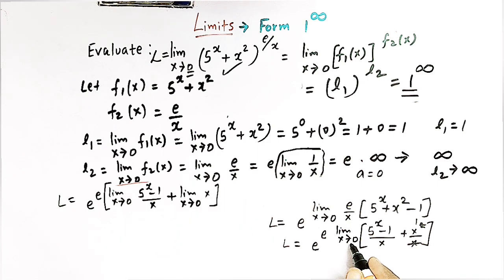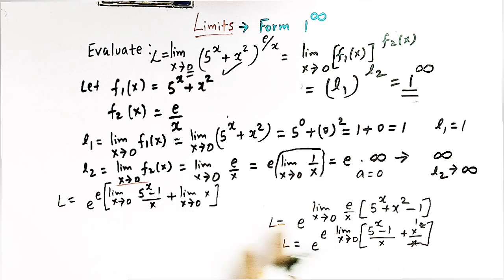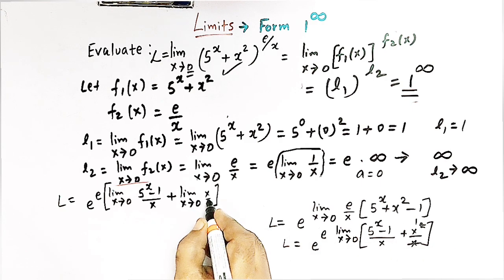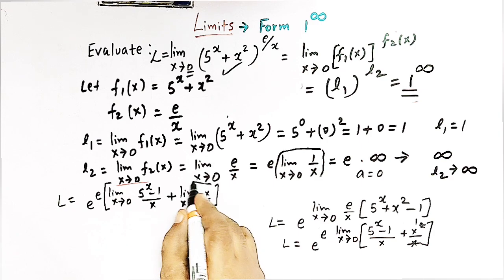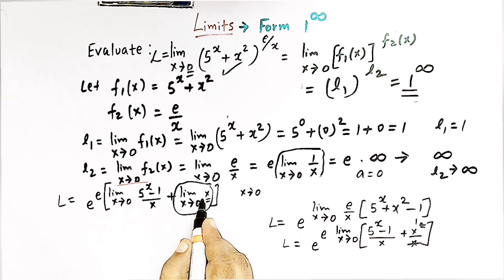What we have done here is distribute the limit notation to these two terms. We have limit x tends to 0 of 5 raised to x minus 1 over x, plus limit x tends to 0 of x.